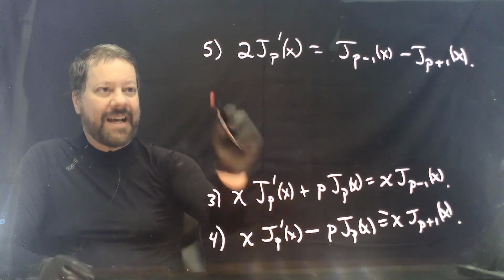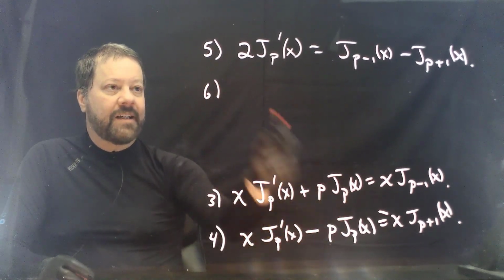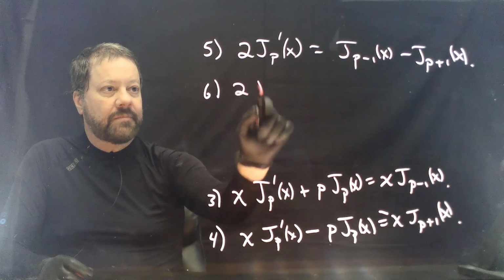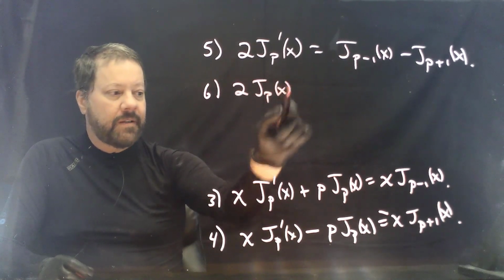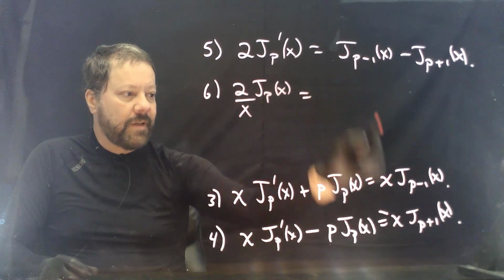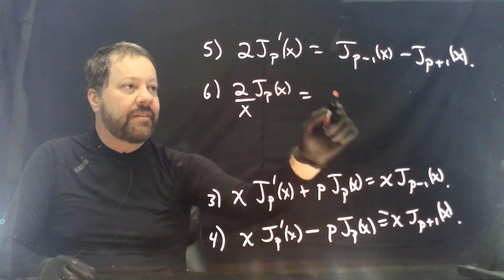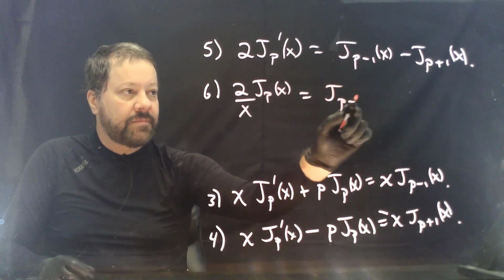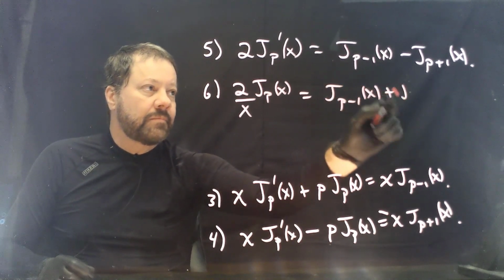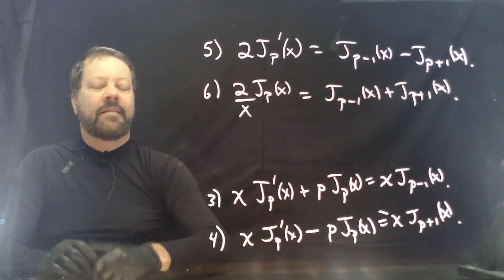Similarly, by subtracting these, terms can drop out and we'll get double. We'll divide the x off, and we'll have these two subtracted.